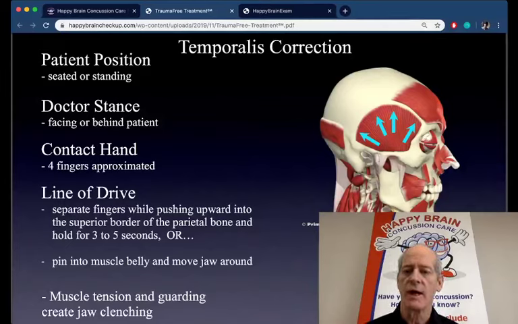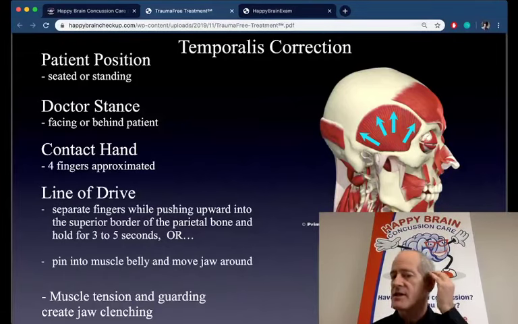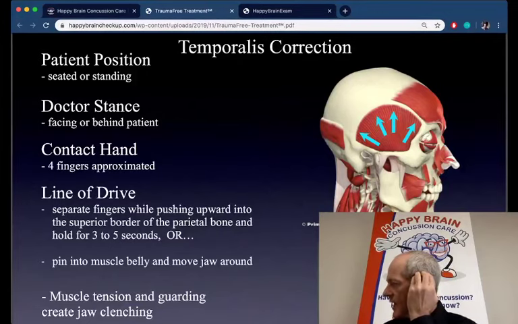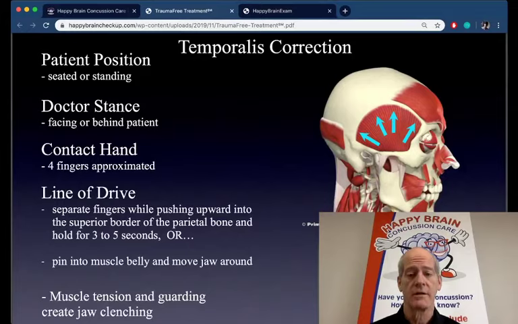You see where this temporalis muscle inserts into the skull, and it angles towards the front and towards the back. And so we're going to use our fingers on the side of our skull just like those arrows. And we're going to go up and spread, and hold up 3 to 5 seconds. It should feel great.